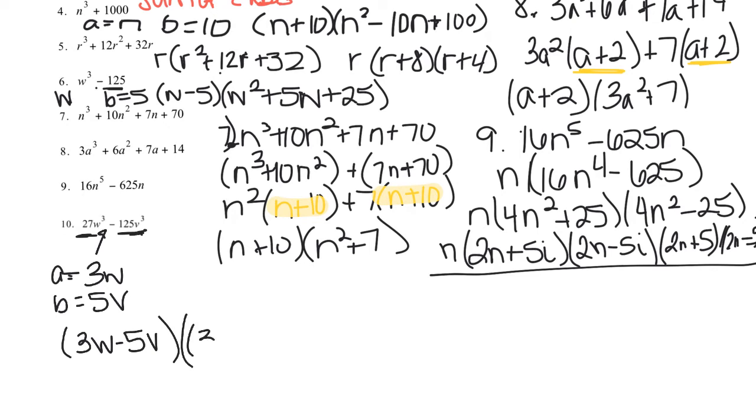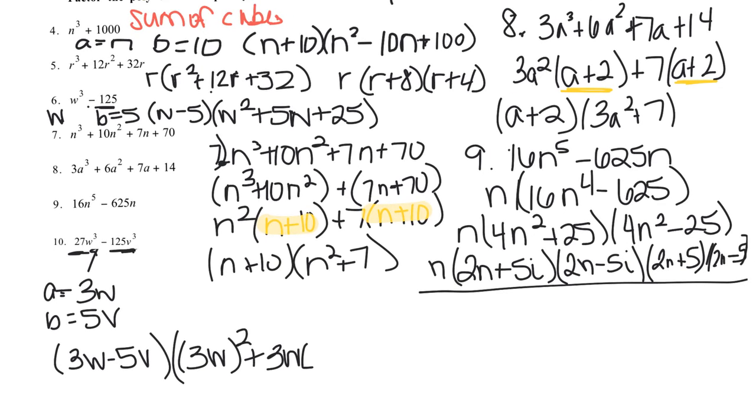A squared, that's (3w) squared. It's important to put the parentheses because the 3 is going to need getting squared, plus, because this sign's opposite of what's in the original problem, 3w times 5v, and then plus, in parentheses, 5v squared.